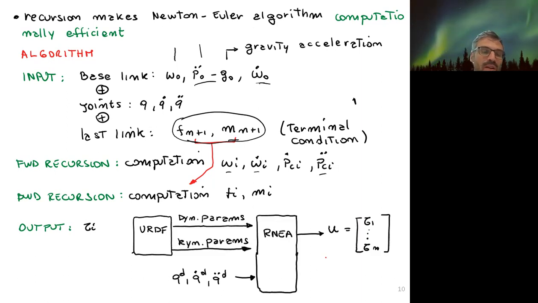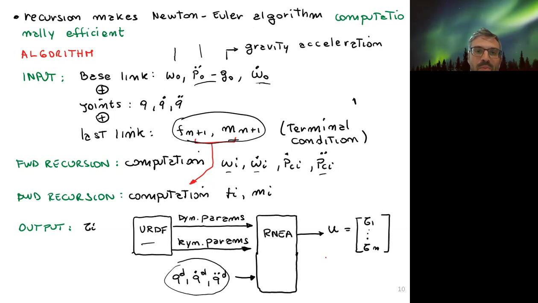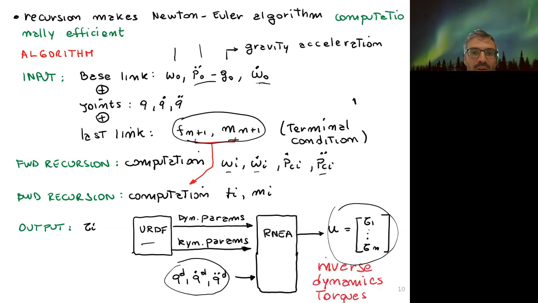So given the model of the robot, which gives us the masses and kinematic parameters, and the trajectory of the joints, we can, for example, compute the joint torques. So we can perform inverse dynamics and compute the inverse dynamics torque to realize a desired motion.